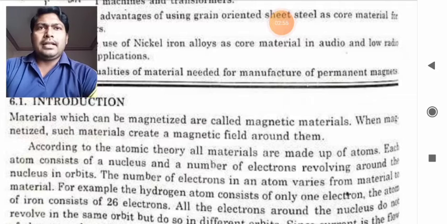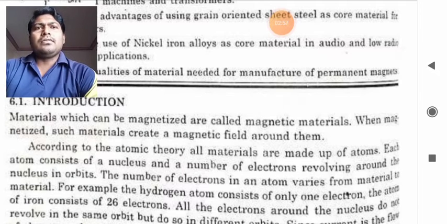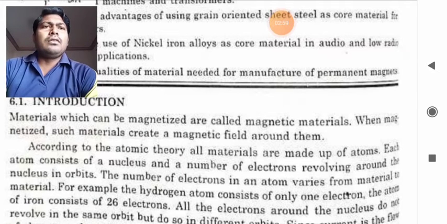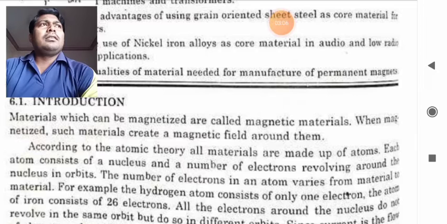all materials are made up of atoms. Each atom consists of a nucleus and a number of electrons revolving around the nucleus in orbits. In our previous chapters in this subject, we have learned the concept of atoms, the surrounding nucleus, and also the valence electrons.